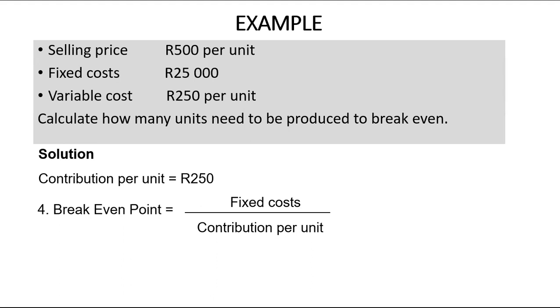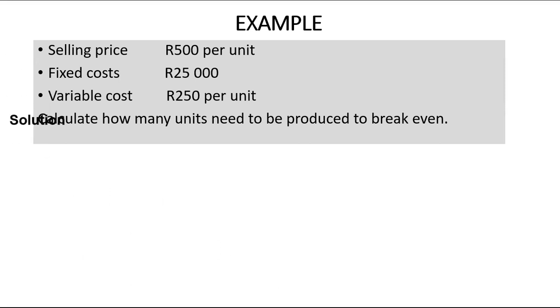So our fixed cost here amounted to 25,000 and our contribution per unit will be 250. You divide the two, it'll give you the number of units you need to produce to break even. Now, if you were to break even, you need to produce or sell 100 units.